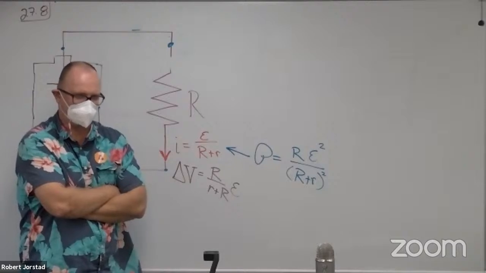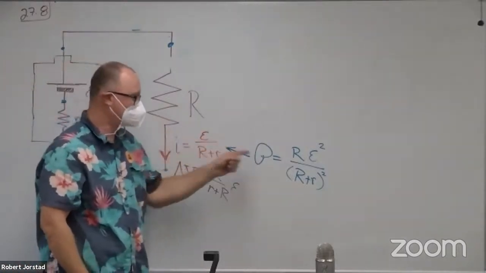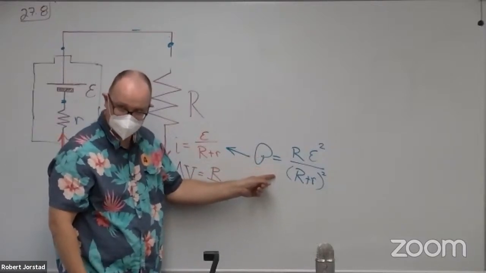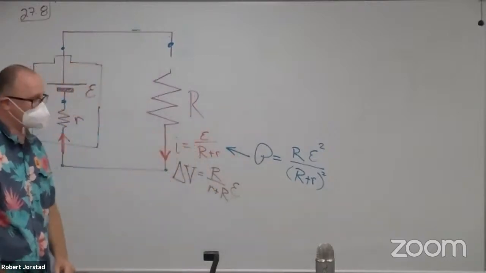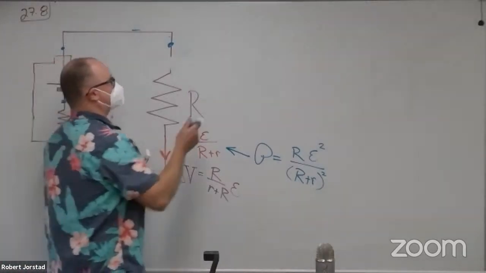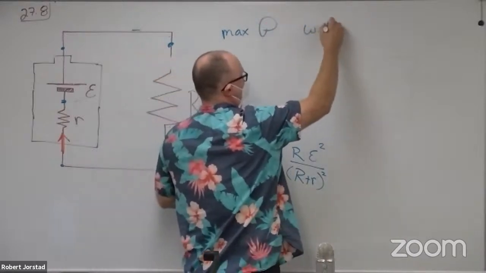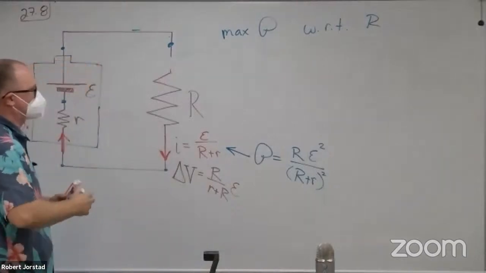Derivatives. Good. One thing you could do, the easiest thing to do is plot it and look for the peak. But what we should do as well is take the derivative. If I want maximum power transfer with respect to resistance R, Nick, take it away.